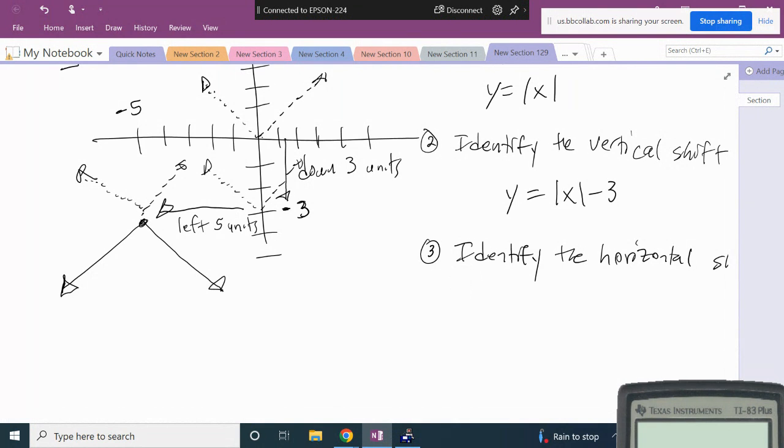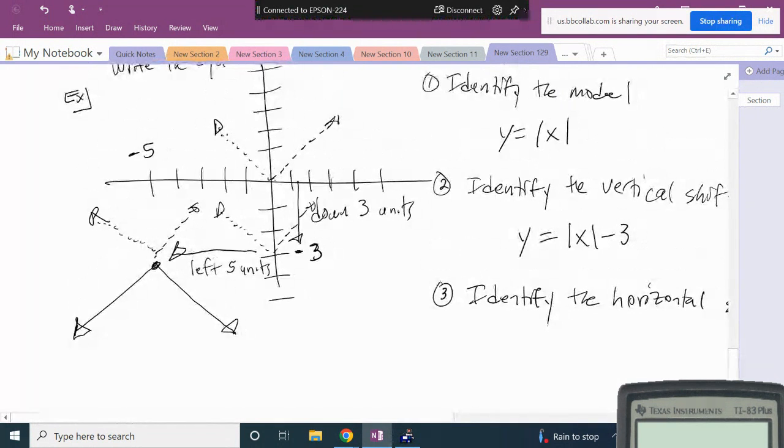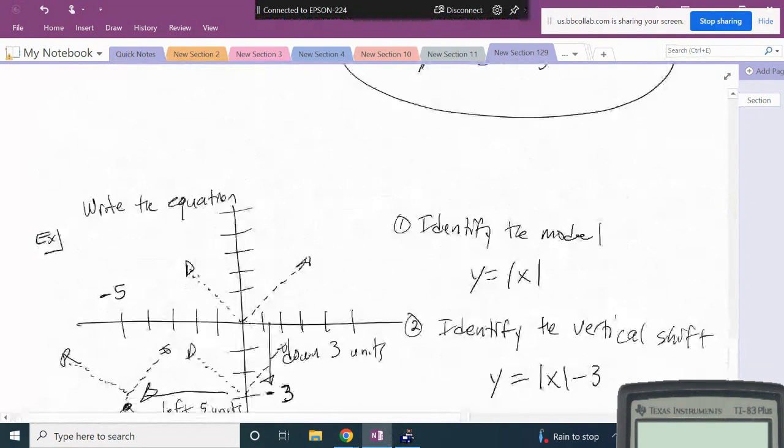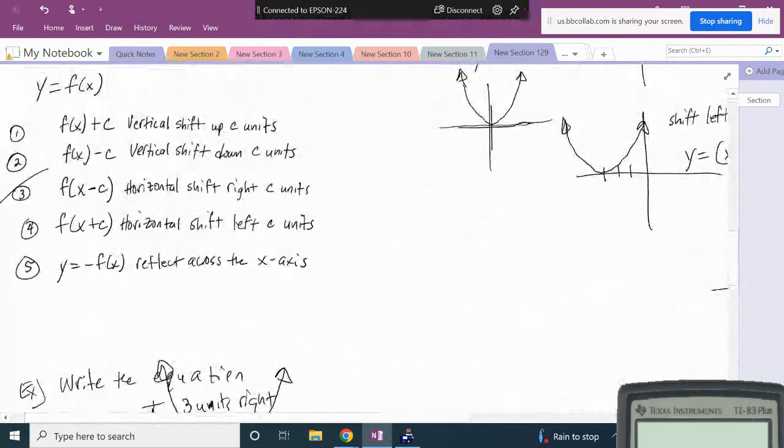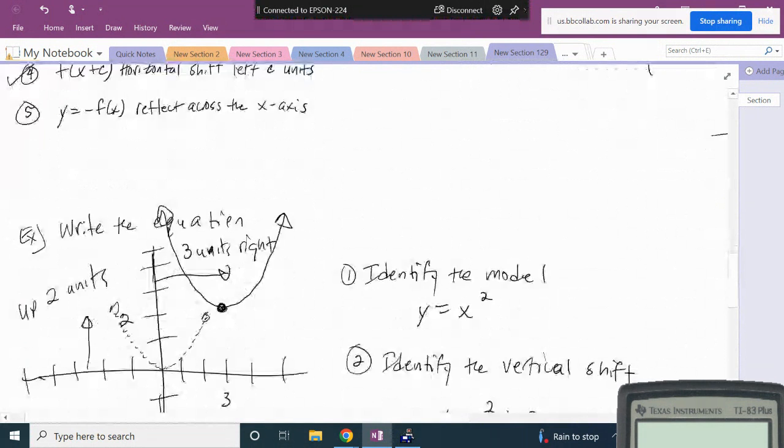So notice once we shift it to the left 5 units, it's still a V shape that's pointed up. So how will we account for shifting the absolute value function to the left? If we go back to the transformations, if you were to shift it to the left, you would add 5 within the absolute value function.